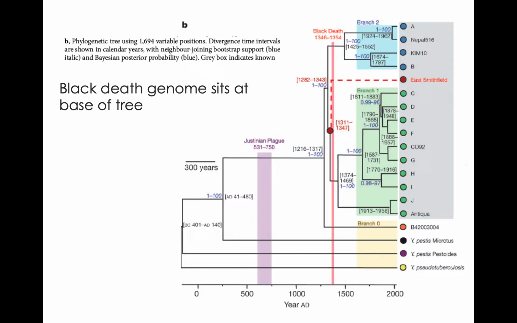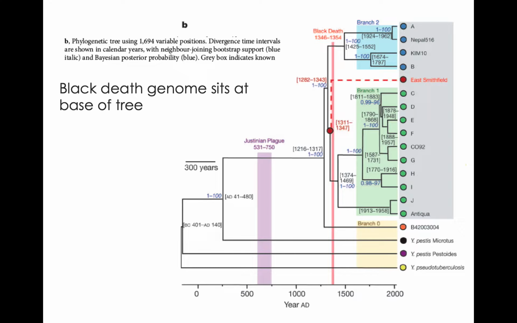So it kind of made perfect sense. And you can see there in pink the Black Death, the Justinianic plague quite substantially earlier, and can't really say anything about that at this stage.